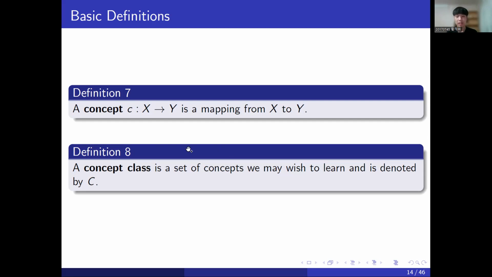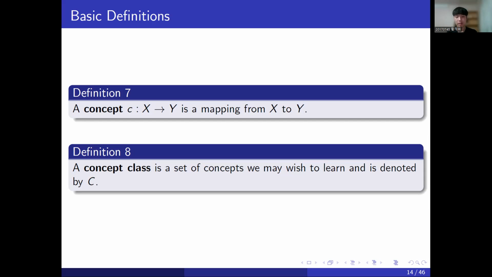A concept c is a mapping, which is kind of a function, from X to Y. A concept class is a set of concepts we may wish to learn, and it is denoted by large C. This might be confusing, but this is a very important definition for later slides, so I explain this precisely.